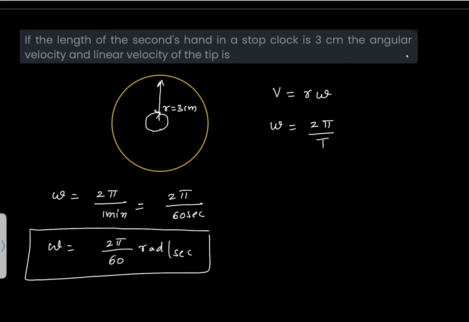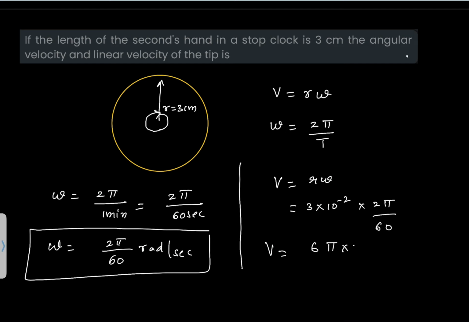Let's calculate the linear velocity v now. v equals r into omega, where r is 3 centimeters, which we convert into meters by multiplying by 10 to the power of minus 2, and omega is 2 pi by 60. So 3 twos are 6, into pi into 10 to the power of minus 2, by 60. You can cancel the 6 and 60.